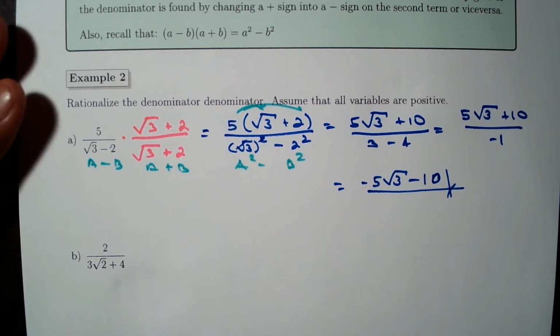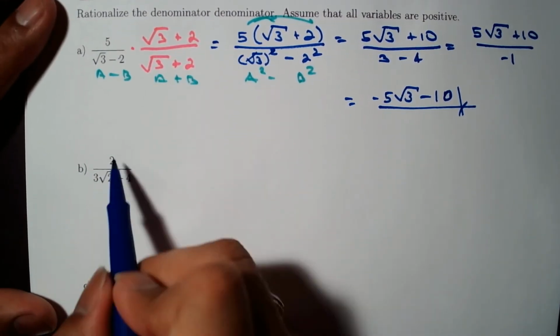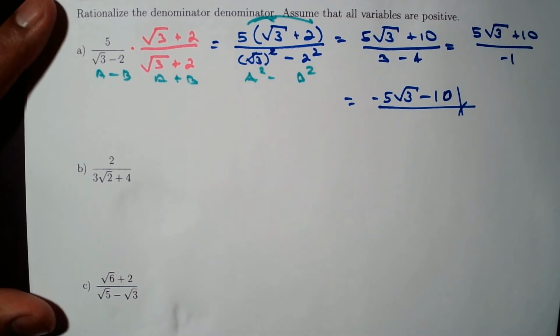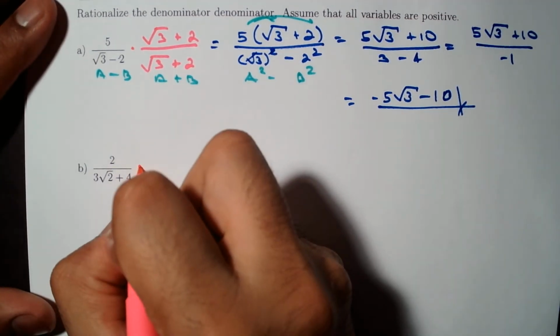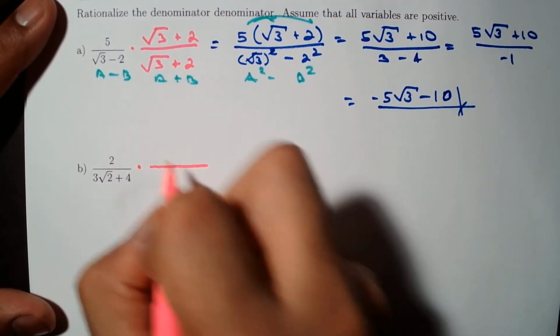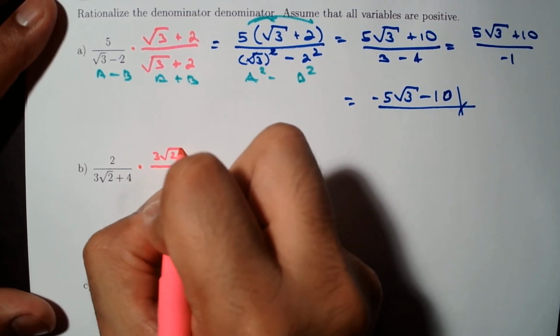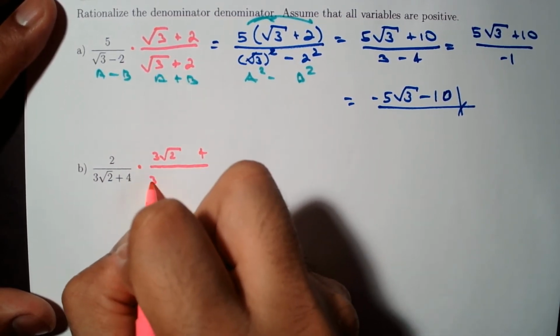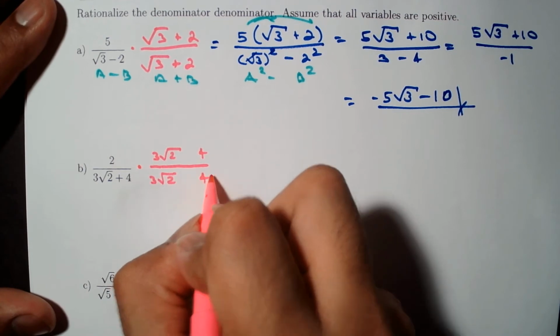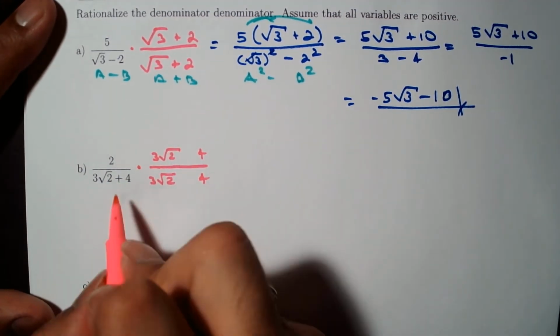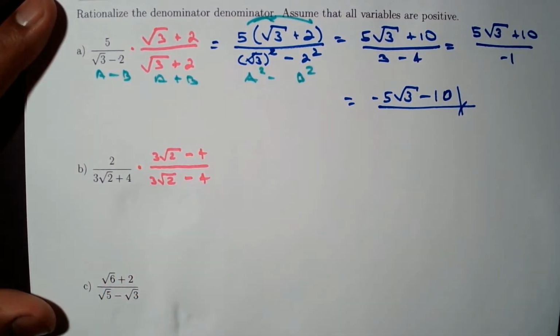Let's do another example. So we have 2 divided by 3 root of 2 plus 4. So you want to multiply by 3 root of 2 minus 4. In this case, the conjugate of a plus would be a minus.